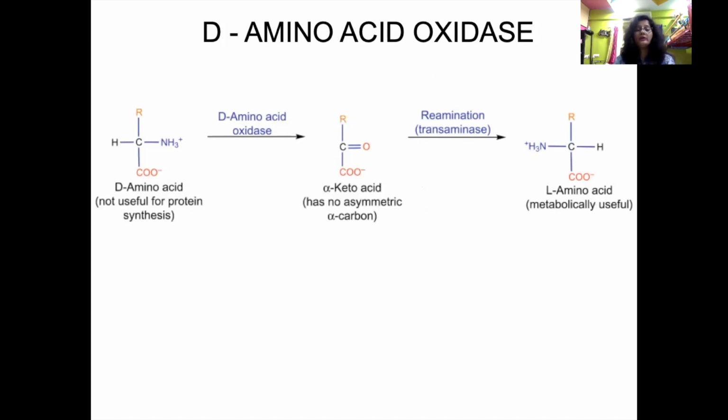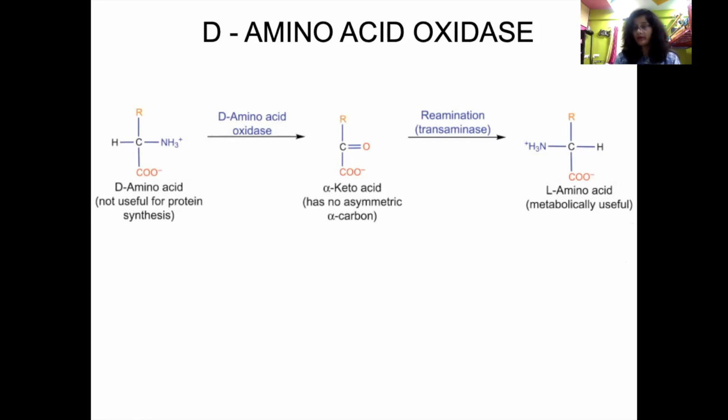It will act on D-amino acid and this D-amino acid is converted into alpha keto acid. Now once this alpha keto acid is formed, it undergoes transamination and through this transamination reaction there is a formation of L-amino acid. Now this L-amino acid can take part in any of the metabolic reactions.